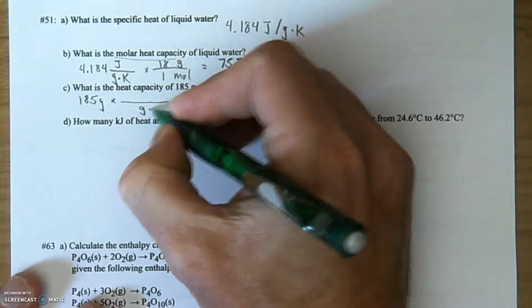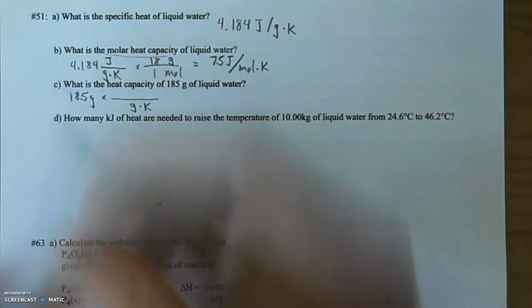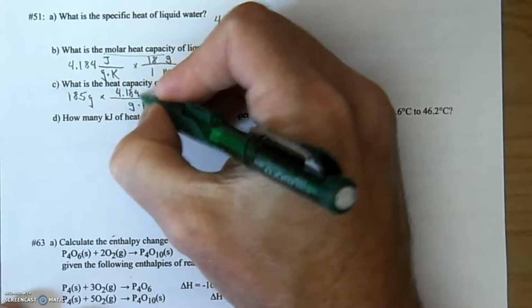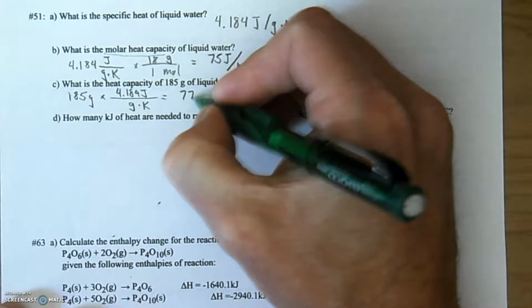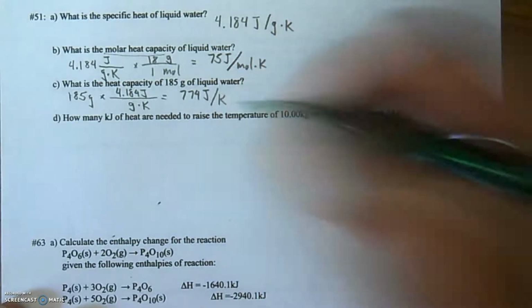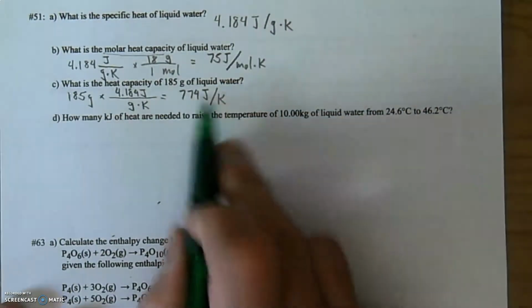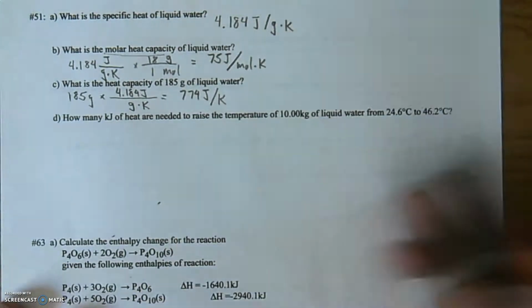So grams in Kelvins or Celsius, doesn't matter, and I'll put the energy value, 4.184, on top of the line, and our answer is 774 joules, and in this case, only per Kelvin. That's a heat capacity. In other words, it takes this much energy to change 1 degree Kelvin or Celsius.